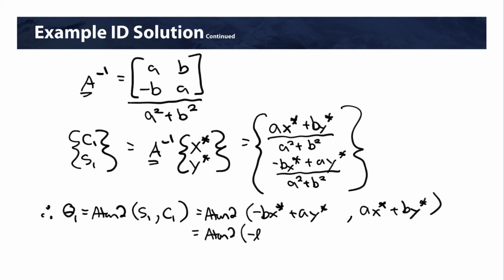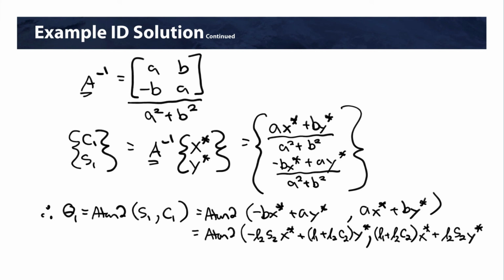We'll have minus L2 S2 x star plus L1 plus L2 C2 times y star. That's the S1 term, and we get something similar for the C1 term. So that's our solution for theta 1, and there's just one solution for theta 1 for whatever solution of theta 2 we're using.